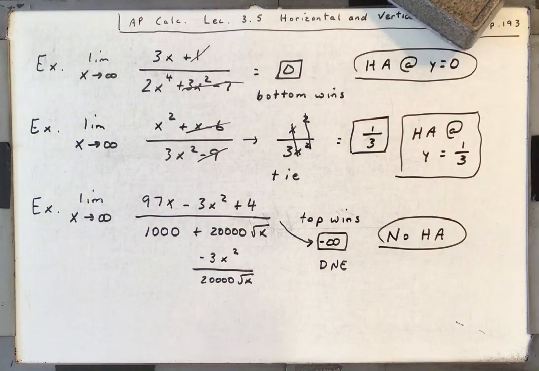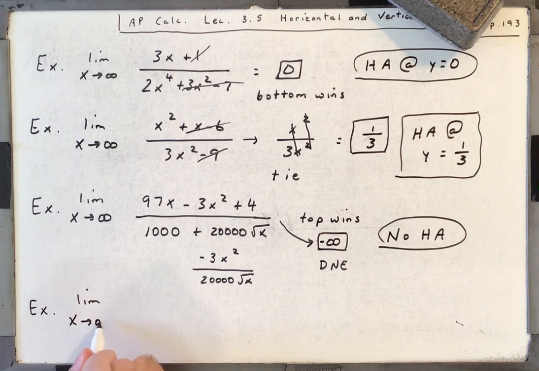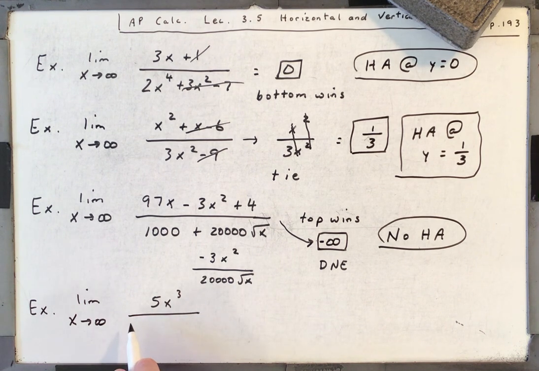So let me do another one real quick. I may have already done this one, but 5x cubed over negative 2x squared plus x minus 7. I might have done that and already erased it. But this one, the answer, it doesn't exist. There is no horizontal asymptote.